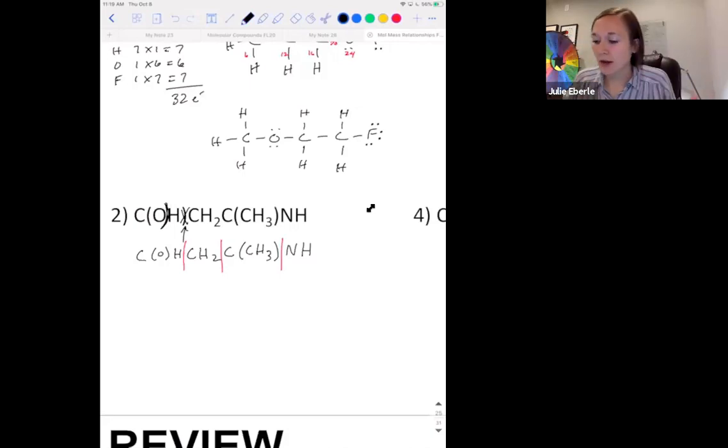So let's start trying to draw this. So we have a carbon number 1. And we have an oxygen in parentheses. So what should I do with that oxygen? What does it mean when it's in parentheses? Do you branch it off? Yes, you branch it up or down.